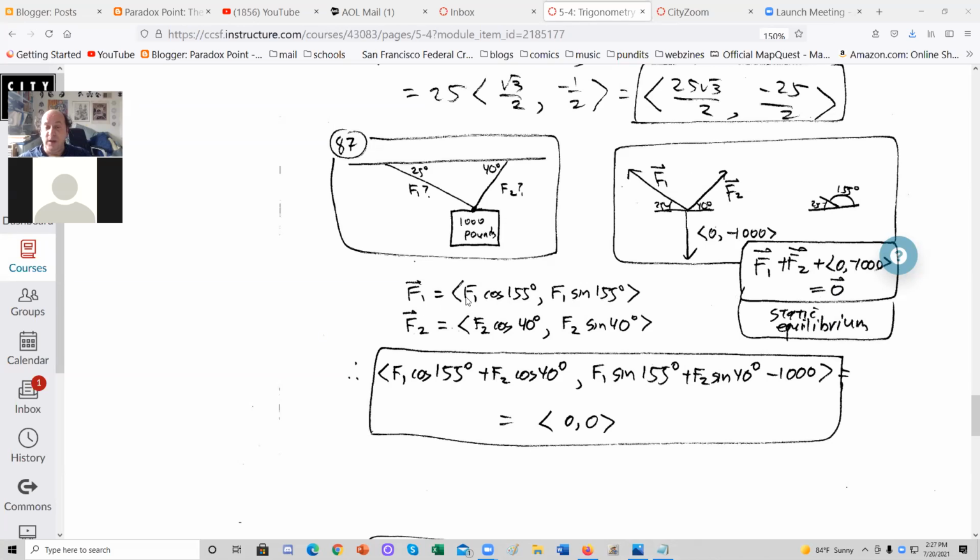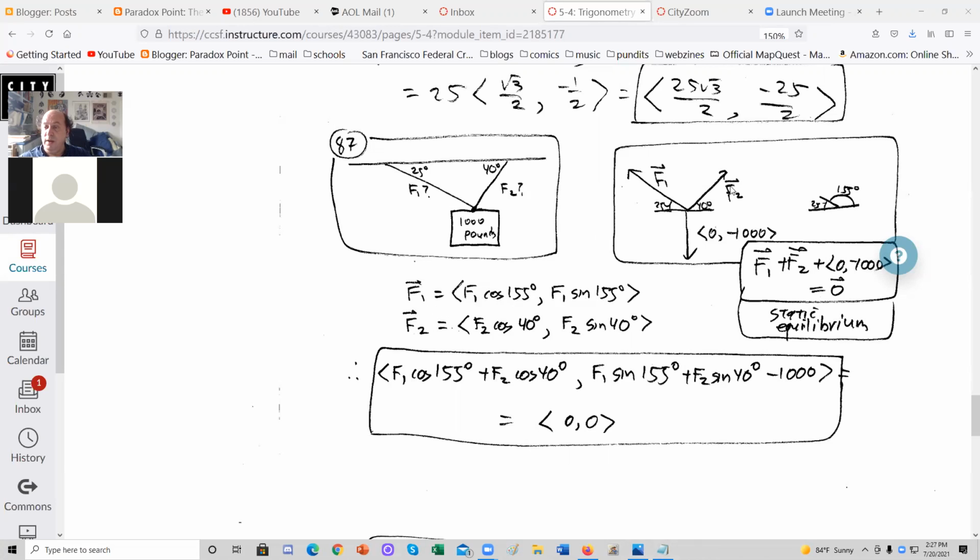F1, its force is F1 times cosine 155. Remember, theta is the angle from the positive x-axis. Here's 25 degrees from the negative x-axis. That's the same thing as 155 degrees from the positive x-axis. So that force F1 is length F1 cos 155 by F1 sine 155.